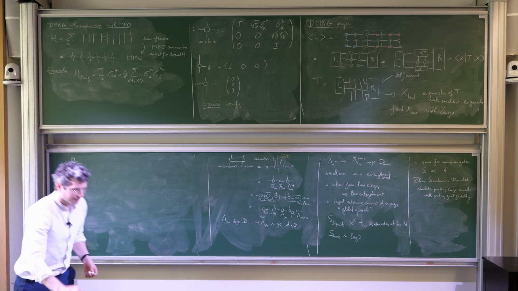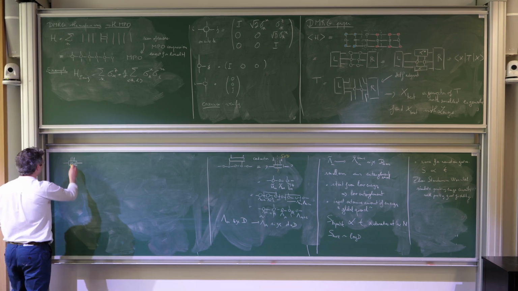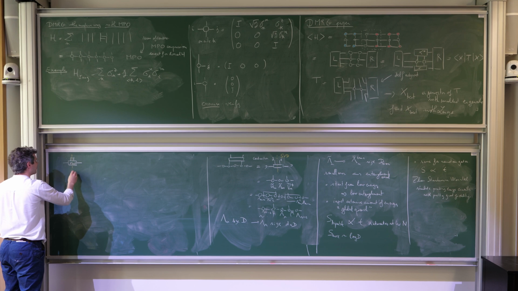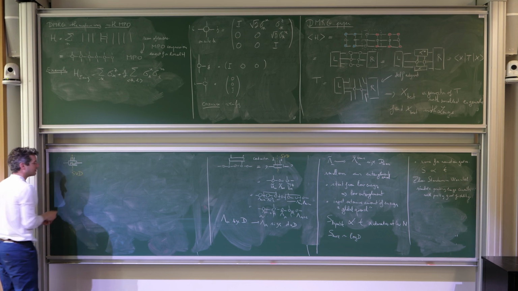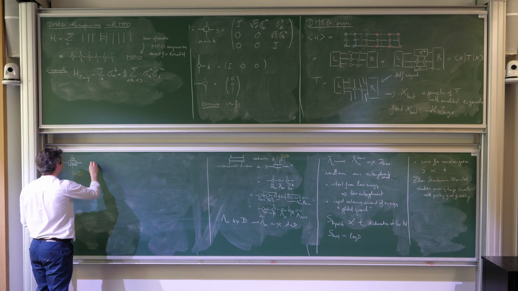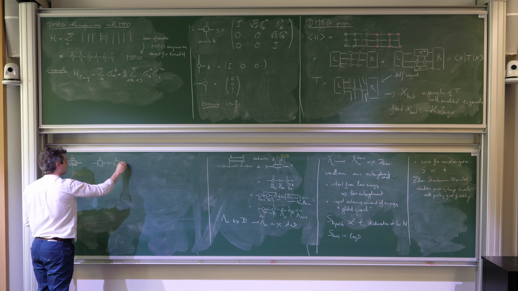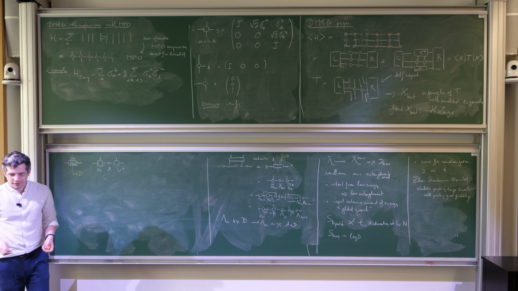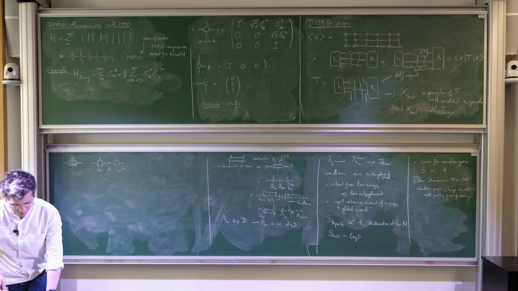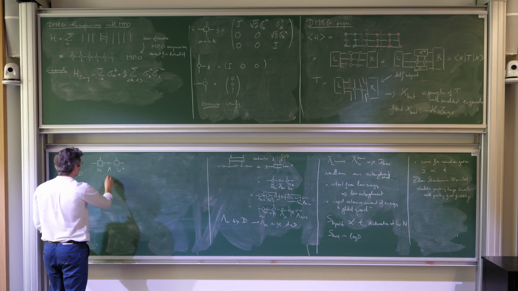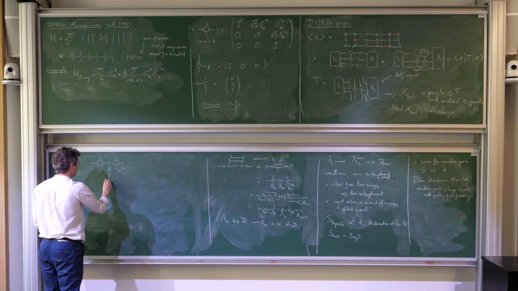So once you found it, and you are careful to construct it in the right order to be in D cubed, you SVD x best, and you get something like U, Lambda, V dagger. As before, you have this problem that now Lambda has d times D singular values.